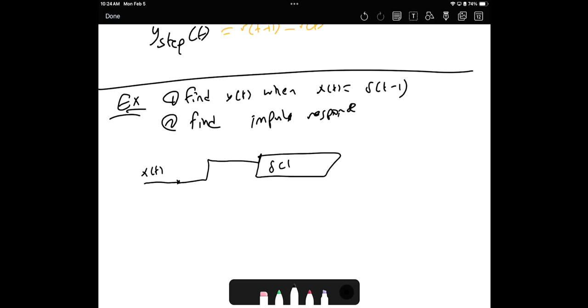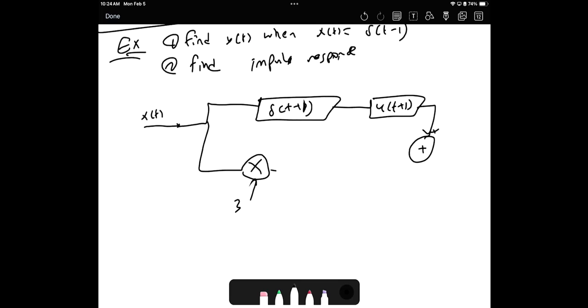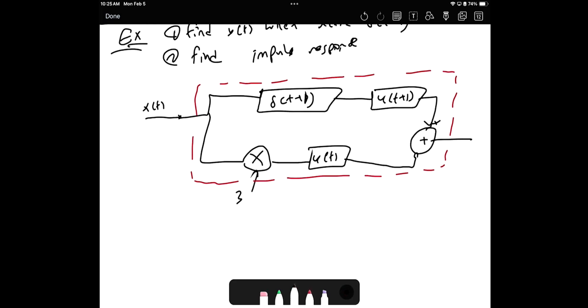Here we have a shift, t plus 1, then the integrator. Then a summer, positive. The other part has a multiplier by 3, then the integrator, and this is overall what's happening inside the system. Then we have y of t.